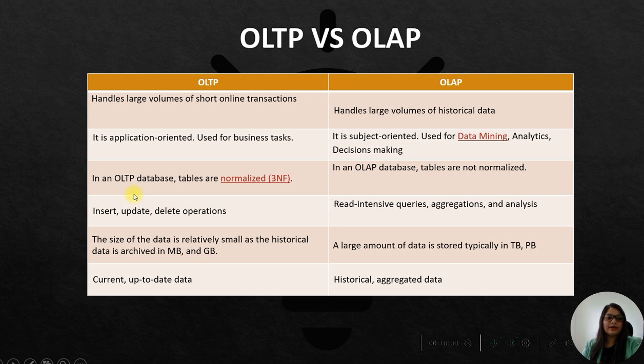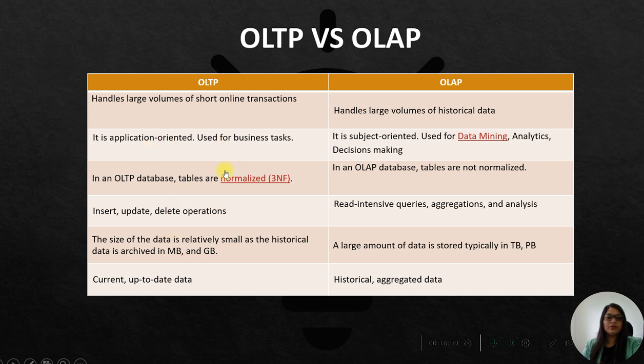In an OLTP database, tables are normalized, and here tables are not normalized in OLAP. In OLTP, we can perform insert, update and delete operations, and in OLAP, we can perform aggregation, analysis and queries. The size of data is relatively small in OLTP, as historical data is archived, in MB and GB, but in OLAP, a large amount of data is stored, typically in TB and PB.